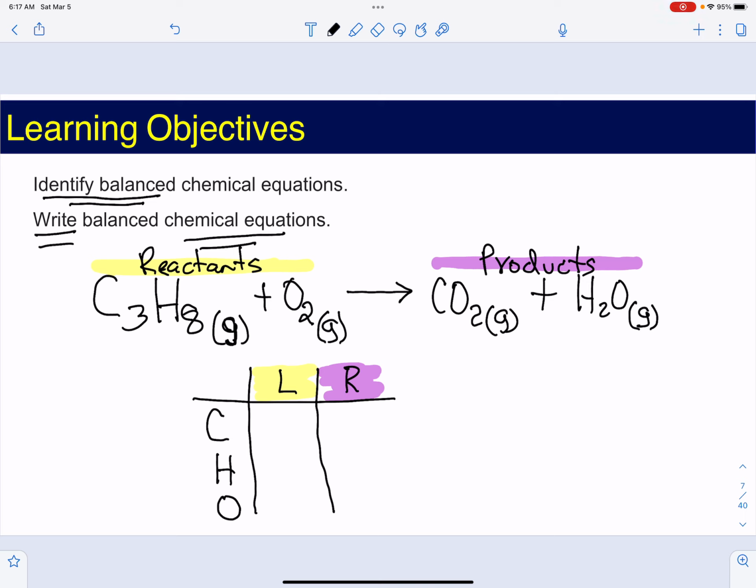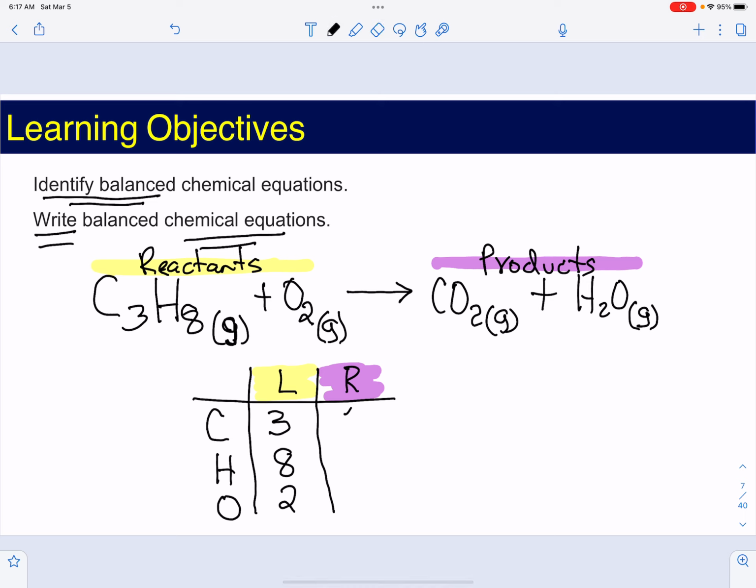So let's do this. On the left side, I'm beginning with 3 atoms or 3 moles of carbon. So if we're talking about only one molecule, then it's 3 atoms. If we're talking about a mole, then it's 3 moles of carbon. And you already know that from chapter 6. And 8 hydrogens and 2 oxygens. On the right side, I have only 1 carbon.